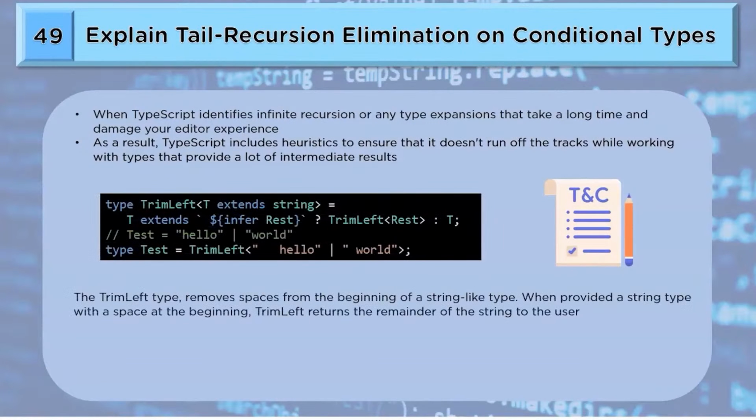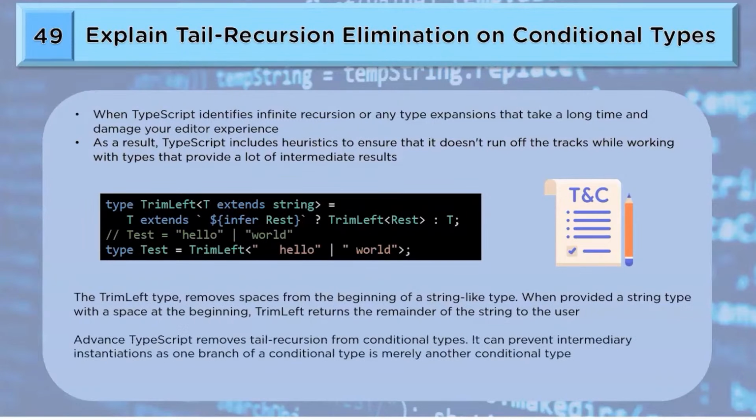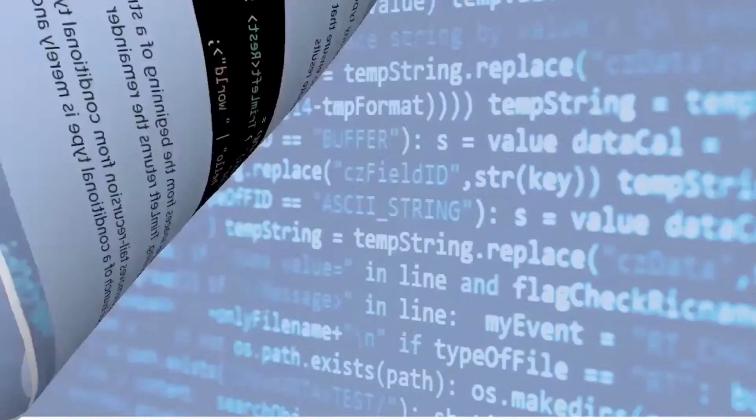The TrimLeft type removes spaces from the beginning of a string-like type. When provided a string type with a space at the beginning, TrimLeft returns the remainder of the string to the user. Advanced TypeScript removes tail recursion from conditional types. It can prevent intermediary instantiations when one branch of a conditional type is merely another conditional type.